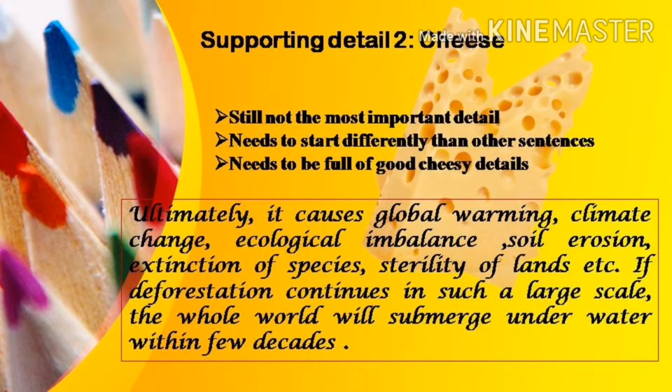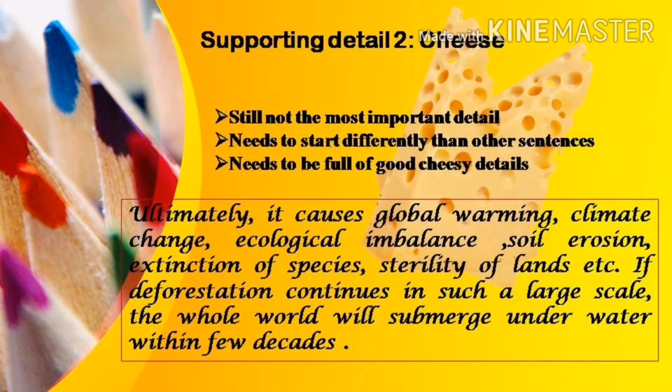What about cheese then? It is compared to supporting detail two. It is still not the most important detail of the paragraph. Something like tomato, it needs to start differently than other sentences. It also needs to be full of good, cheesy details. Dear students, you have seen the example of a good supporting detail two in the given slide.